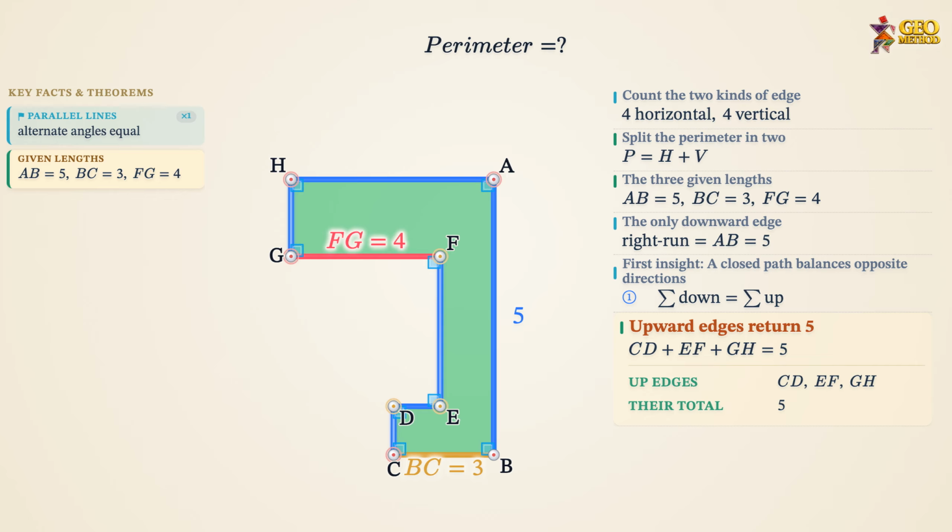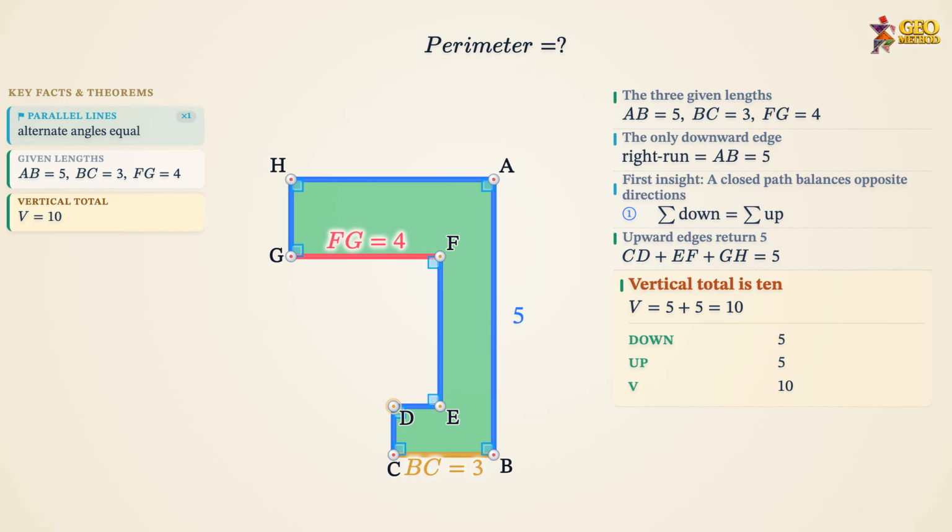The upward edges are C to D, E to F, and G to H. And together they must add back exactly the 5 we went down. We never needed their individual lengths. So the vertical edges give 5 going down plus 5 coming back up, a total of 10. The first half of our perimeter is settled.